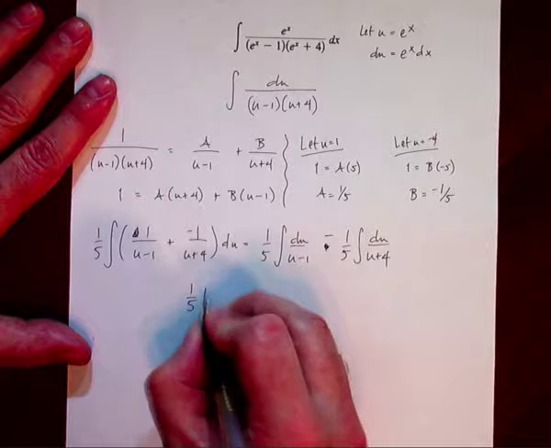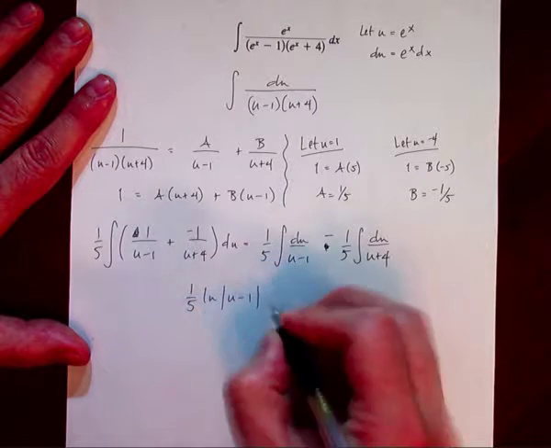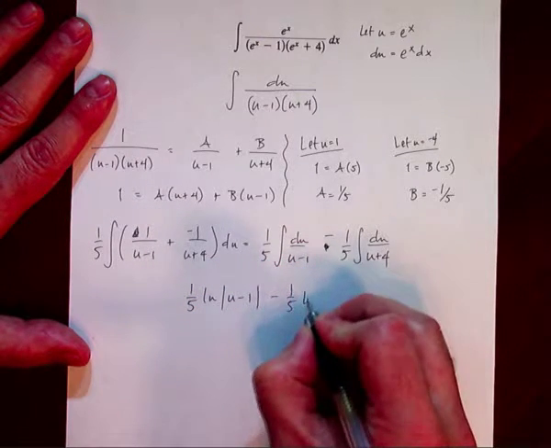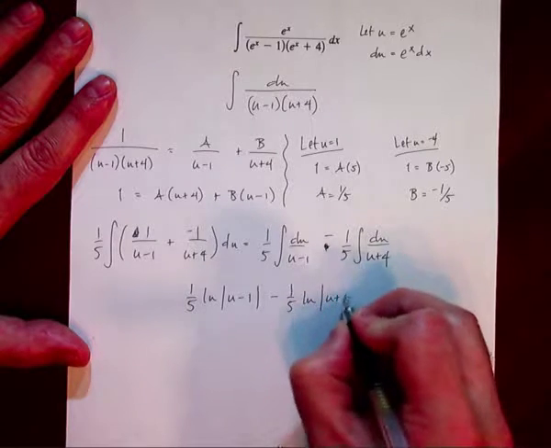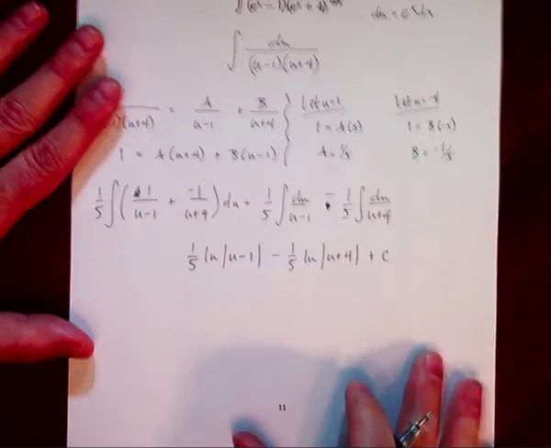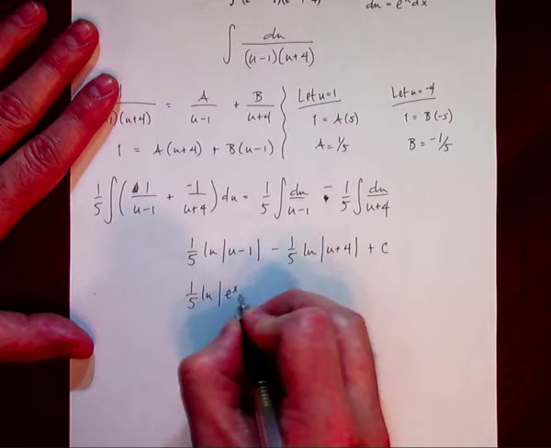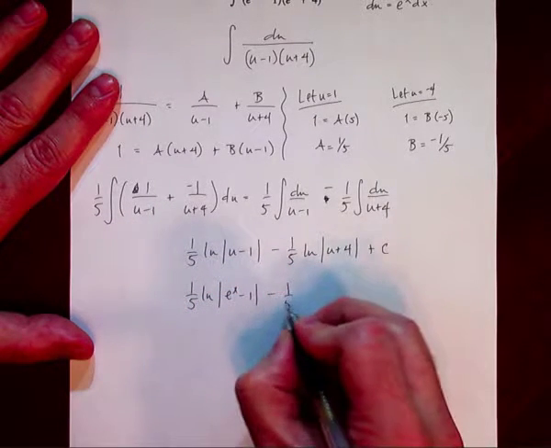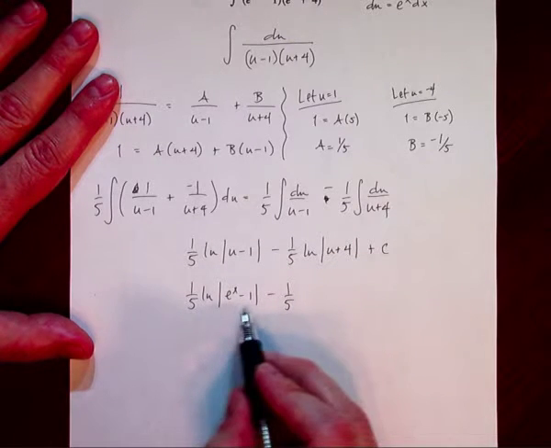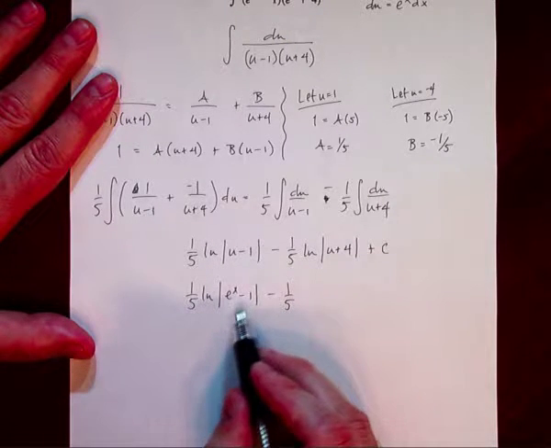I have 1/5 natural log absolute value of u minus 1 minus 1/5 the natural log absolute value of u plus 4 plus c, and then now I simply have to plug back in. And now that first argument needs the absolute values, because think about e to the x minus 1, right?